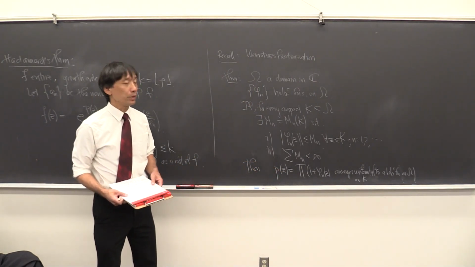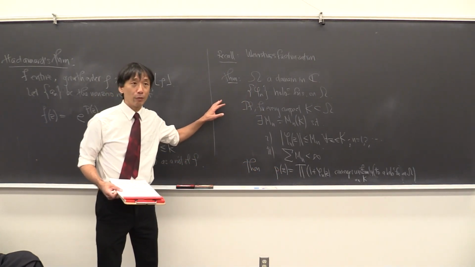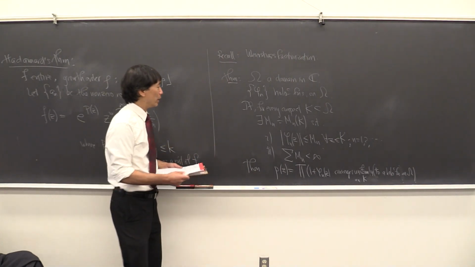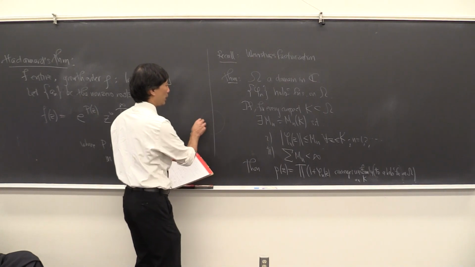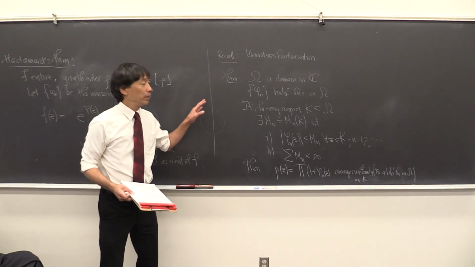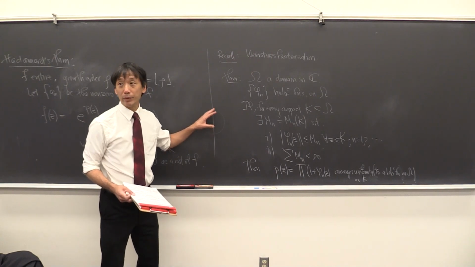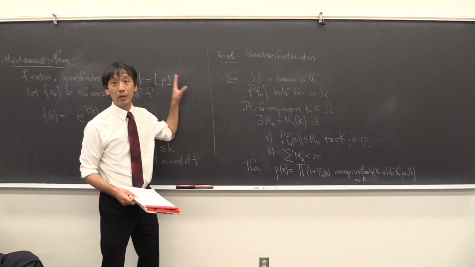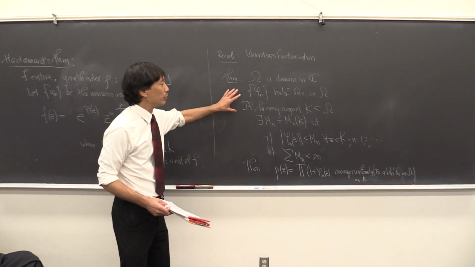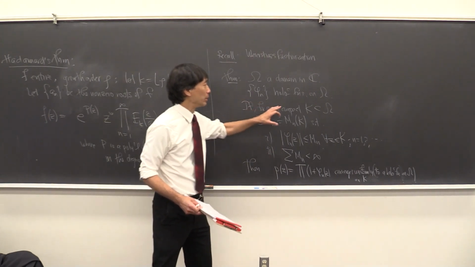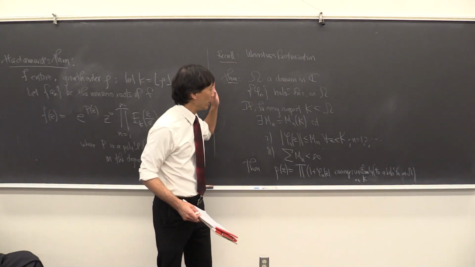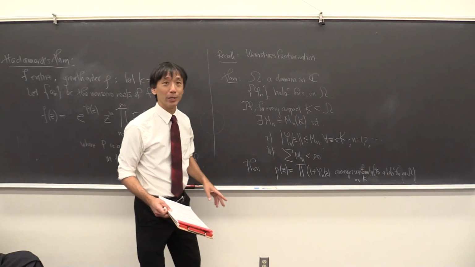I don't know if you remember the proof of Weierstrass's factorization theorem, but the way we did it was we proved it on an arbitrary disk, and then since we proved it on the arbitrary disk, we've got it on the whole plane. So this is basically the same sort of thing. This is just taking the process of that proof and codifying it into a theorem.